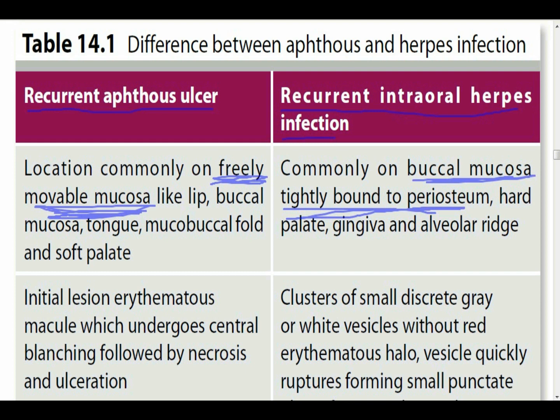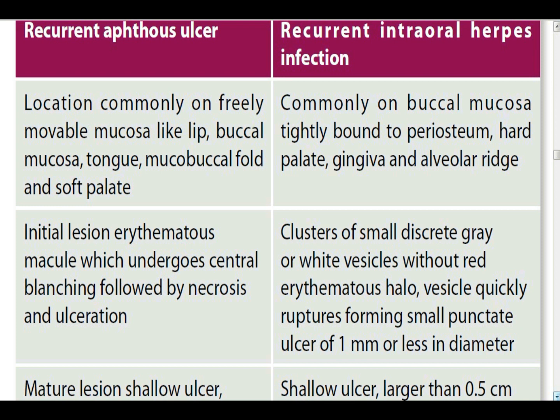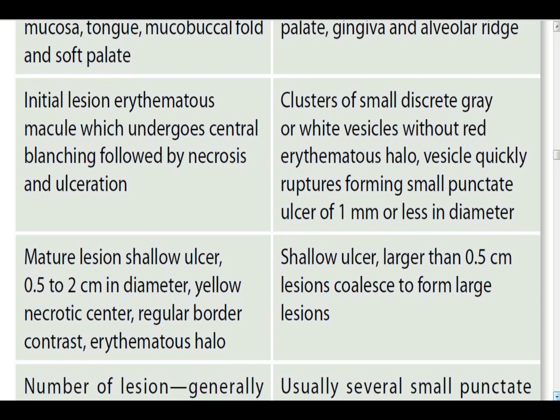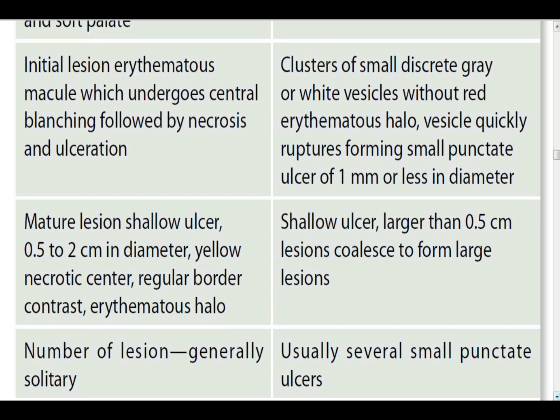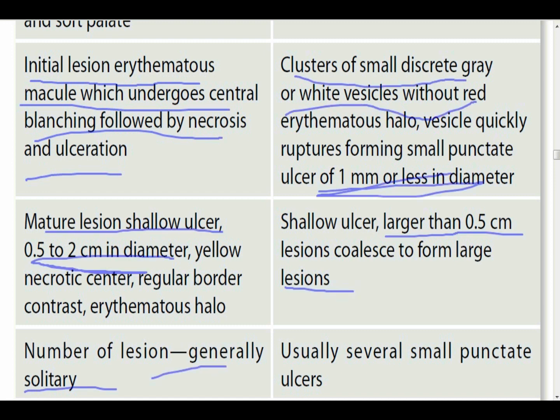The aphthous ulcers start as erythematous macules which undergo central blanching followed by necrosis and ulceration, whereas intraoral herpes infections are multiple small punctate ulcers of 1 mm or less in diameter. The number of lesions is solitary in aphthous ulcer, whereas they are multiple in herpes.